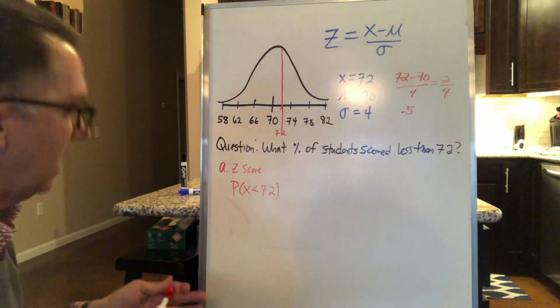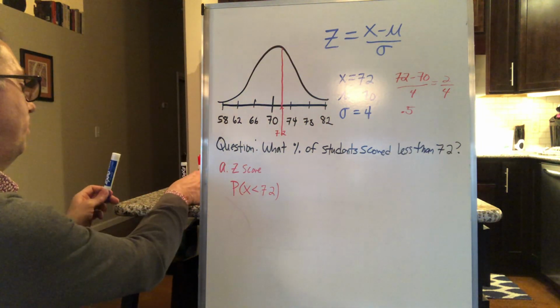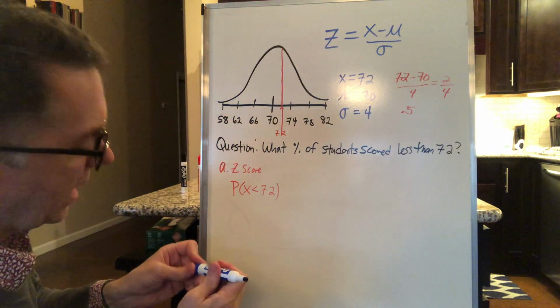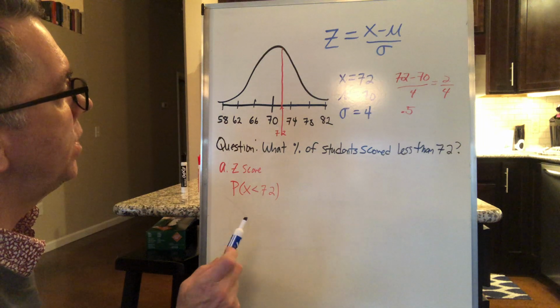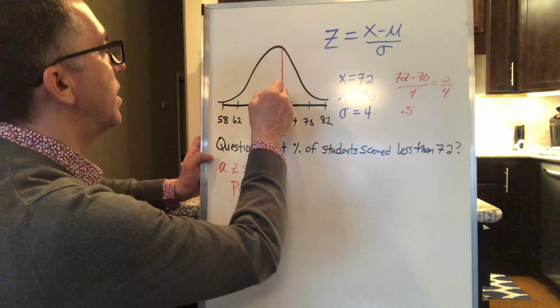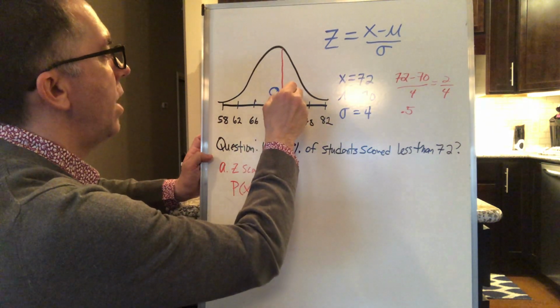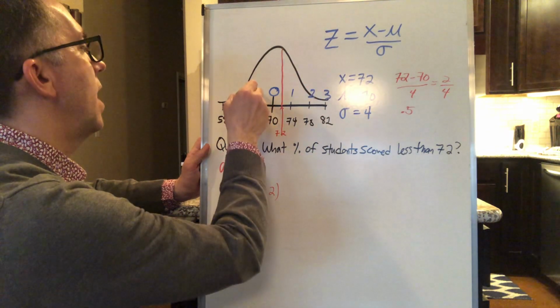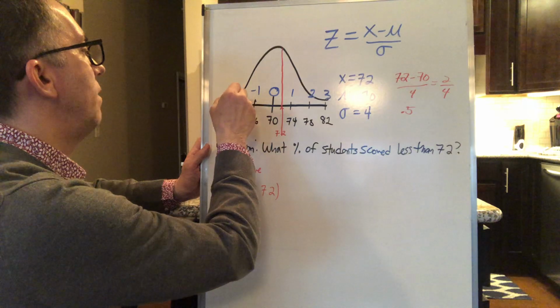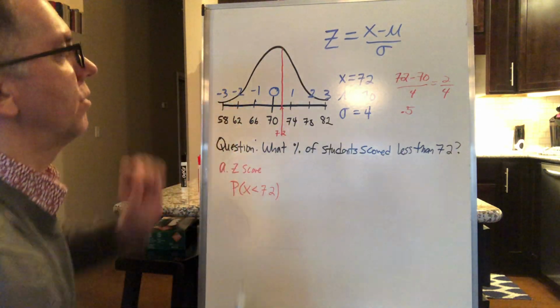This is going to become a z scale, all right? So a z scale is our standard normal distribution, which you would see in your notes, where 0 is the center and 1 standard deviation and 2 and 3 on one side, -1, -2, -3 on the other side.